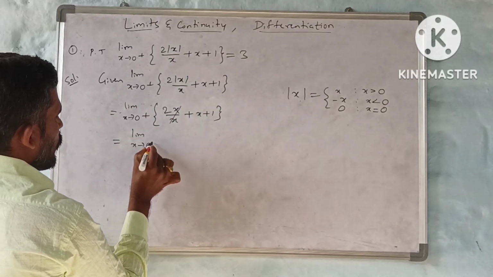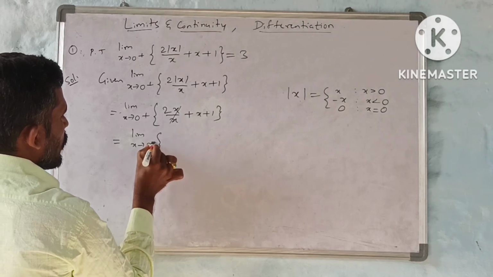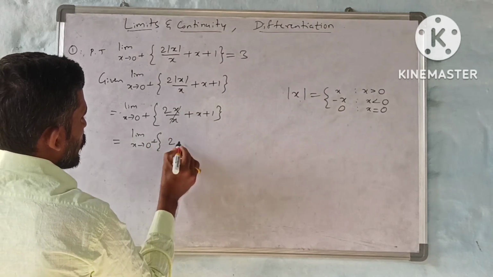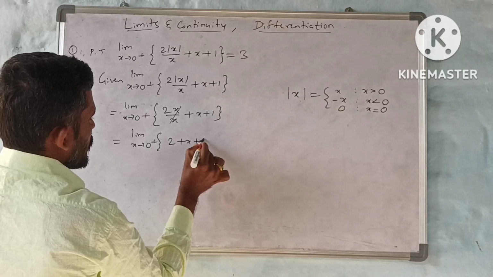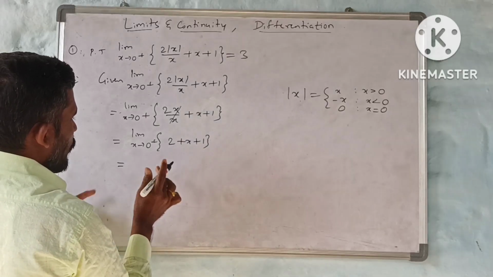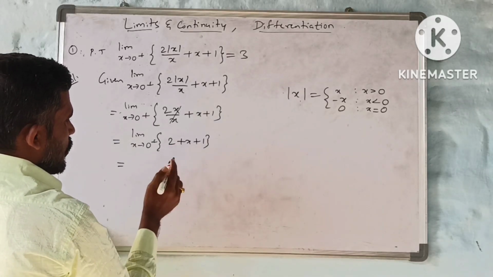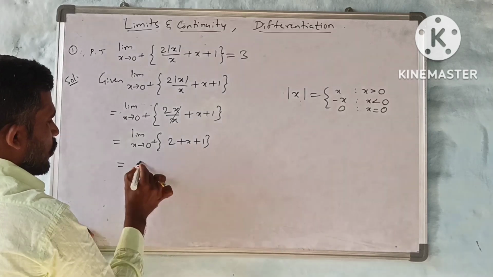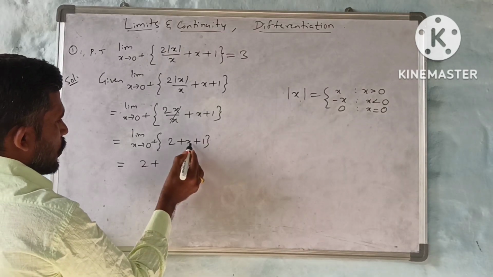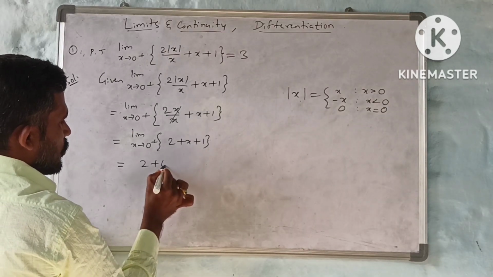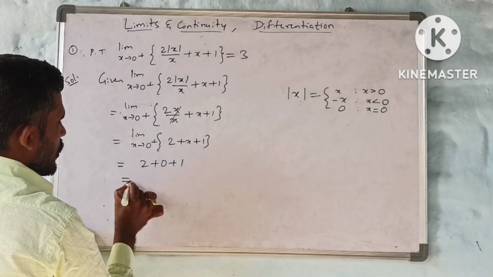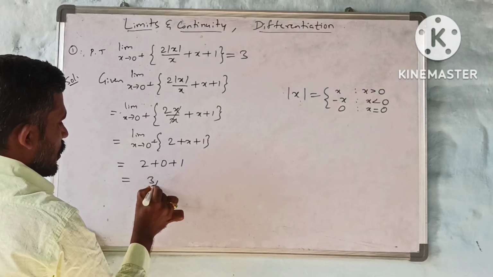Limit x tends to 0 plus of 2 plus x plus 1. The limit of the whole is the limit of each term. 2 is a constant, so 2 as it is will get here. We have to apply 0 in place of x. So 2 plus 0 plus 1 is 3.